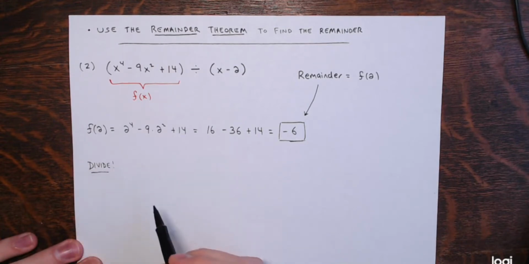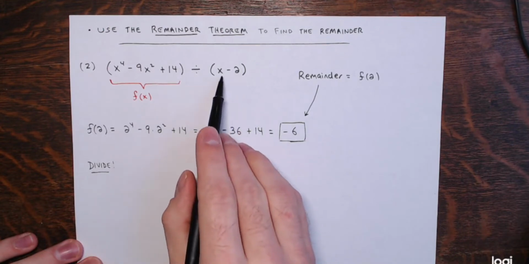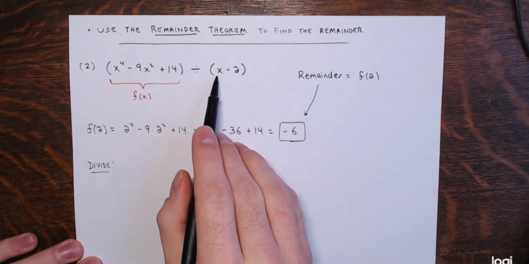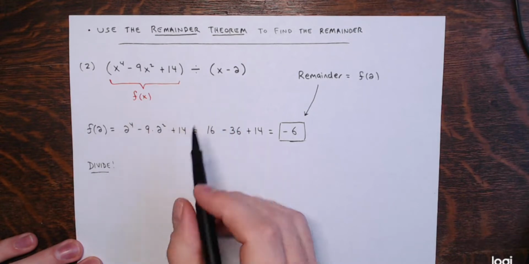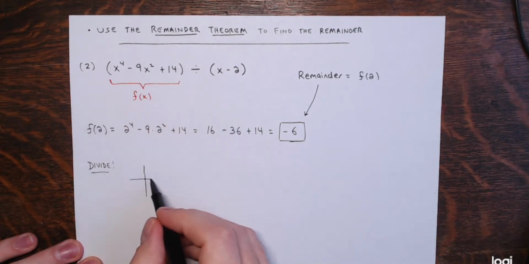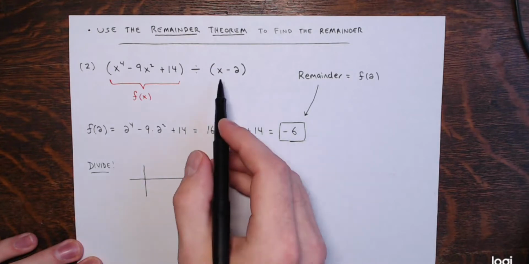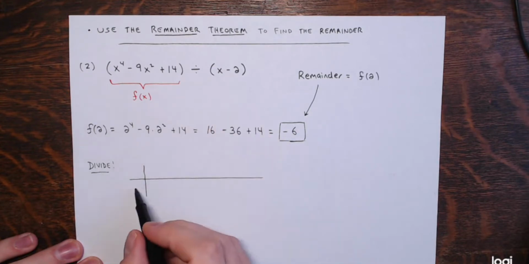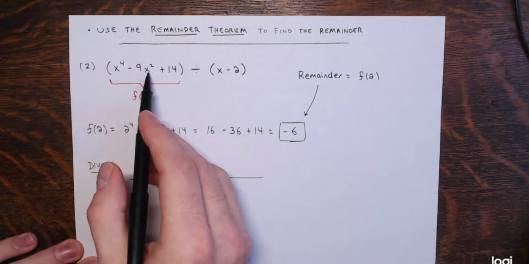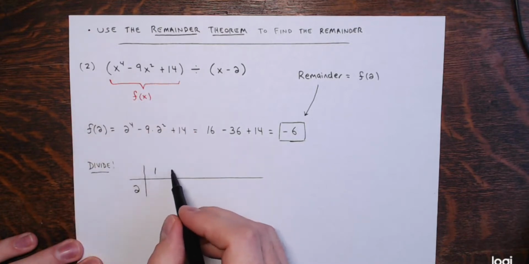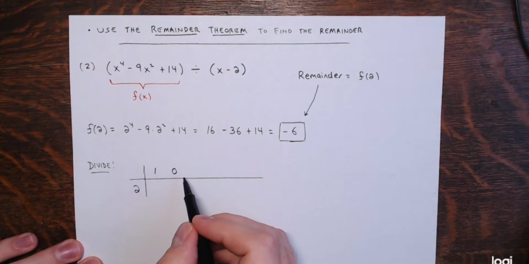Now I am dividing by a linear polynomial with a lead coefficient of 1, degree 1, lead coefficient 1, so I can use synthetic division. Dividing by x minus 2, so the value of k is 2. Up top, the coefficients of the dividend: 1x to the fourth, 0x cubed. Don't forget your missing powers.